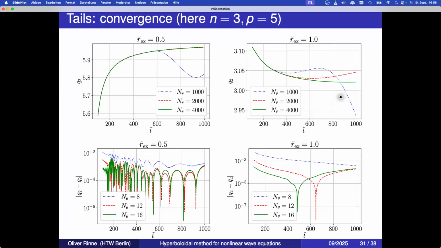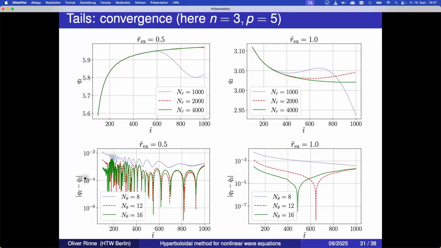Then you can also look at some convergence for the actual tails. If you increase radial resolution and the angular resolution, you can observe some convergence here. Here for the angular resolution, I've chosen a reference solution because the differences are so small, you basically won't see anything if you plot it like this.